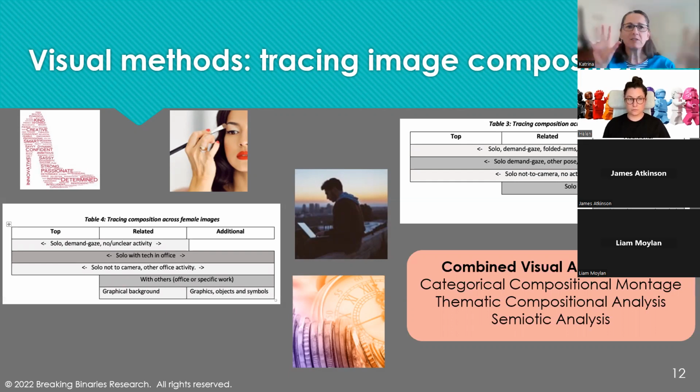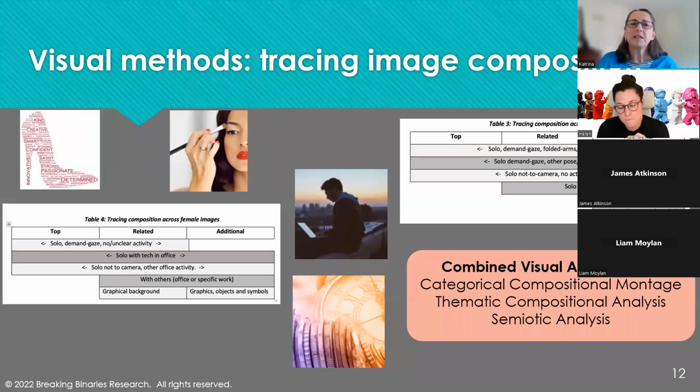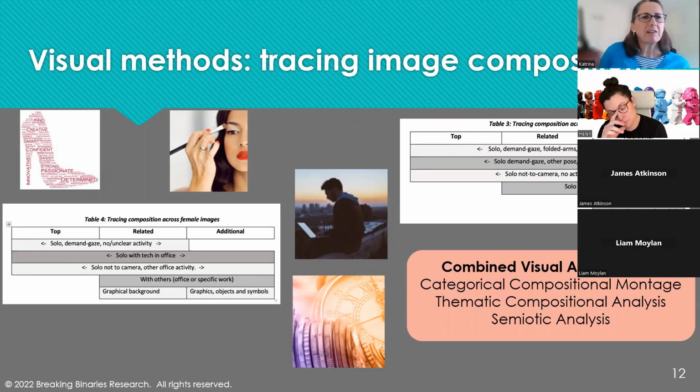Some types of images were found in all the different online spaces. For example, the top row in the tracing composition across male images showed that there were lots of individual men, and we found them across the different spaces. A demand gaze is one in which the subject of the image is engaging you directly as a viewer, so they're staring out of the image, with folded arms and not showing any activity.